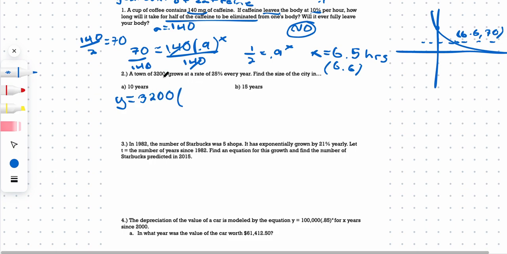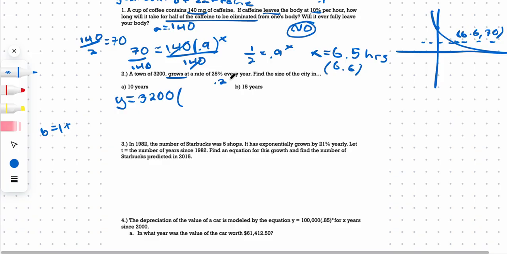Now we have to find our b value. We're seeing growing, so when we find our b value, we're going to say 1 plus something. And that something is going to be 25%.